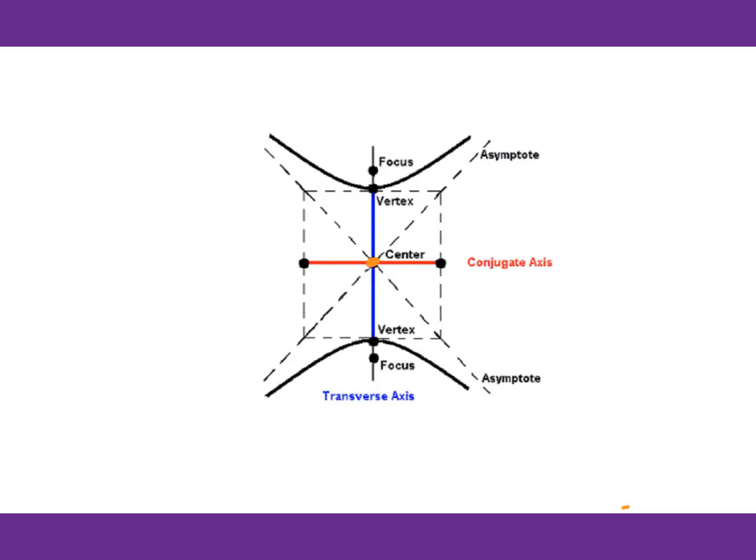Now let's learn some terminology for hyperbola. The center is (h, k). The distance between the vertex and the center we label as a. We call this axis the transverse axis. The other axis is called the conjugate axis. The distance from here to here is b.